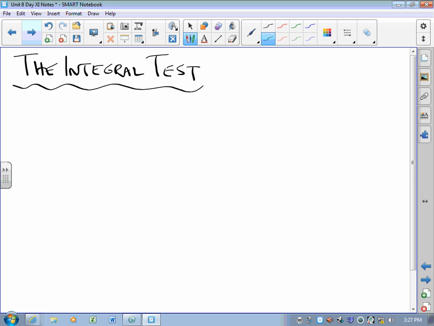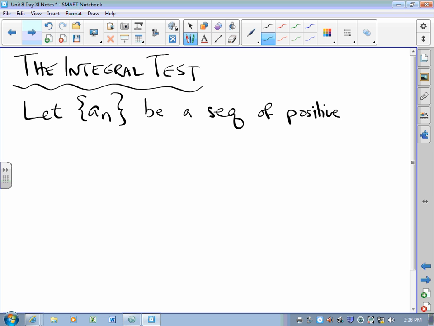And the integral test sounds like this. Let the sequence a sub n be a sequence of positive terms. We won't allow negative terms until midweek.